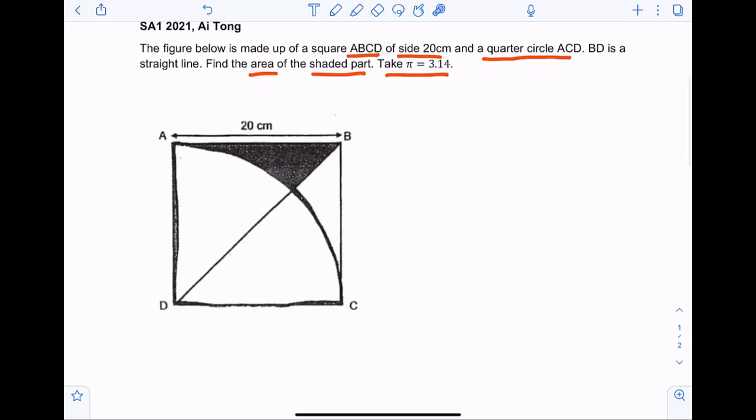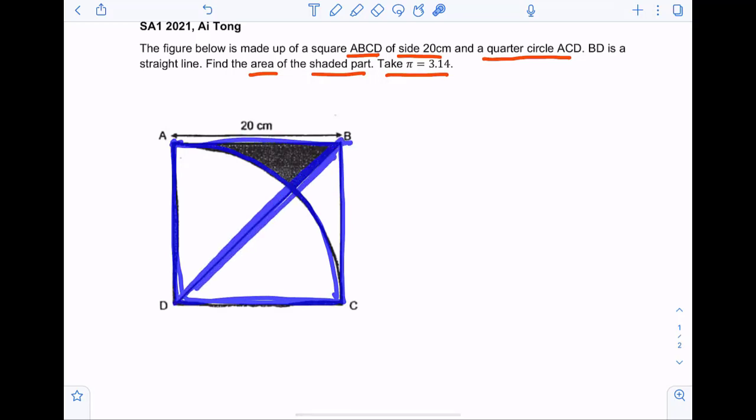Now, to do this question, we need to realize that we have a quarter circle inside of a square. When we cut this into two, this figure becomes symmetrical, such that the shaded part that is here has an equal part on the other side as well.